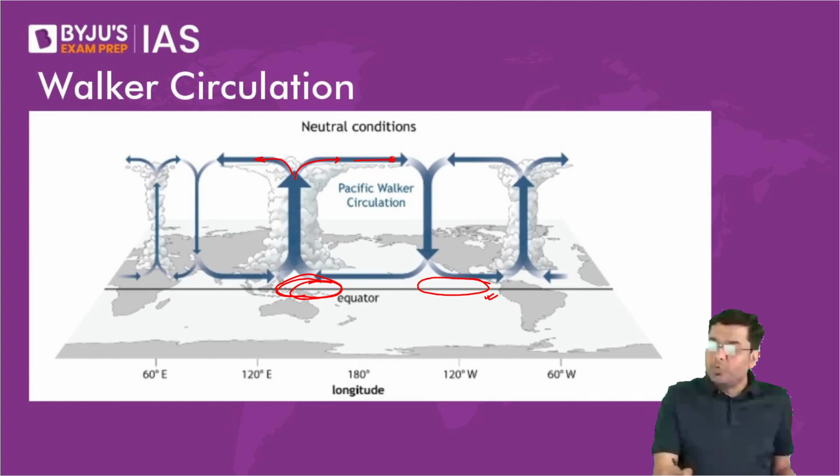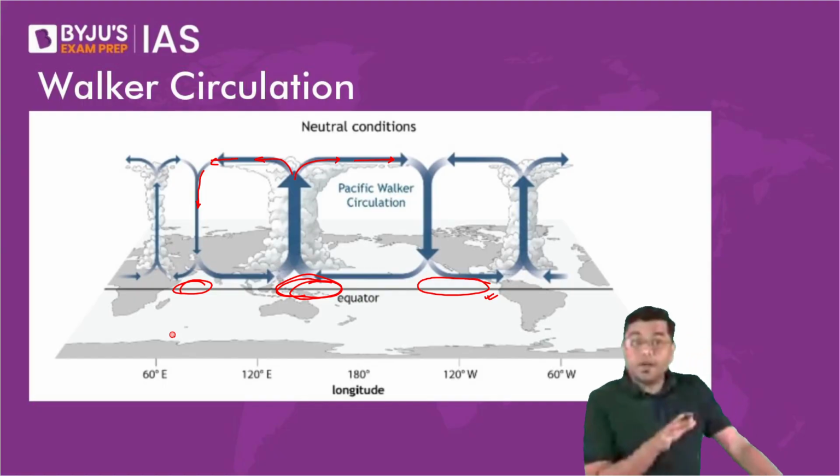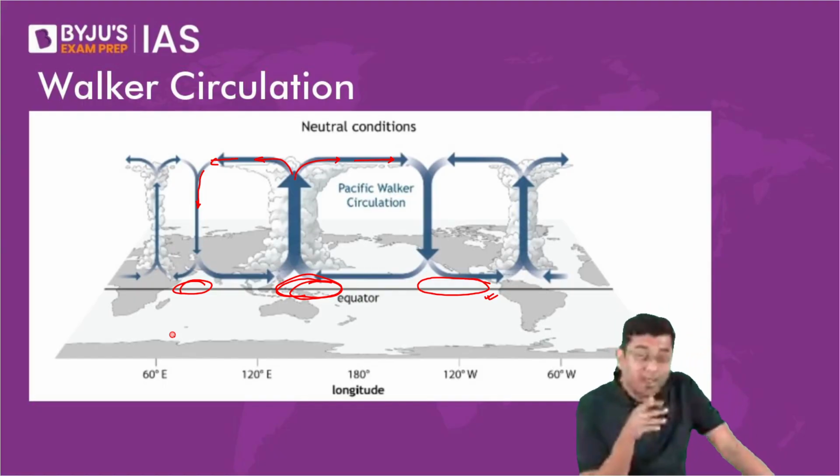One goes towards the region of the Eastern Pacific, the other goes towards the region of the Indian Ocean, and then it sinks, creating a high pressure in the entirety of the region of the Western Indian Ocean. So that is what you have as a Walker circulation.